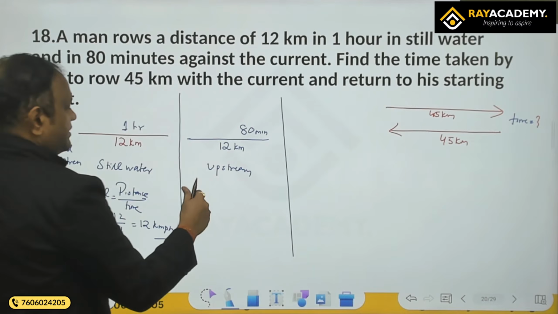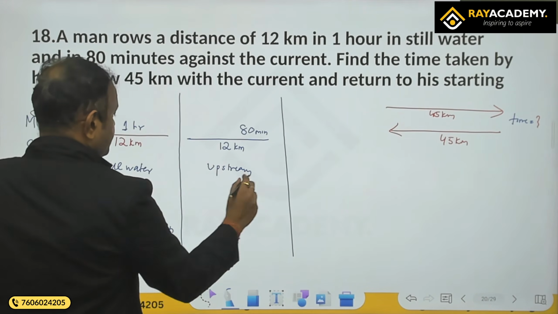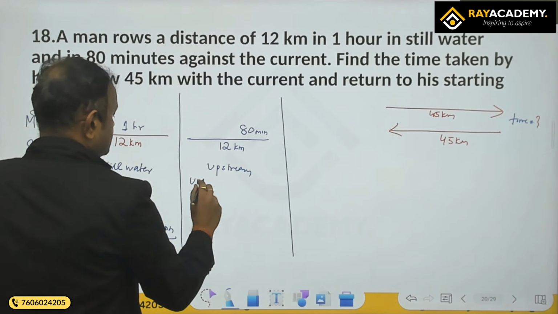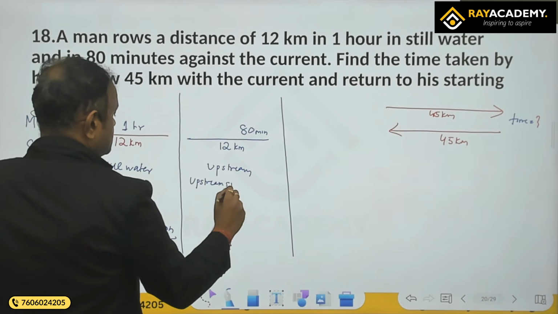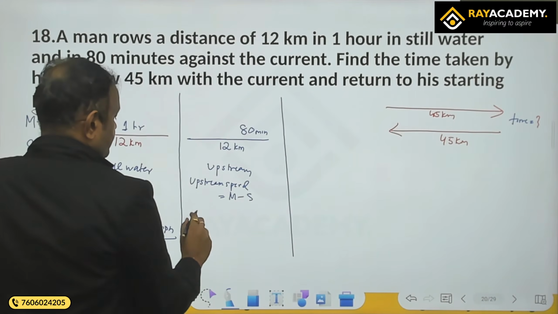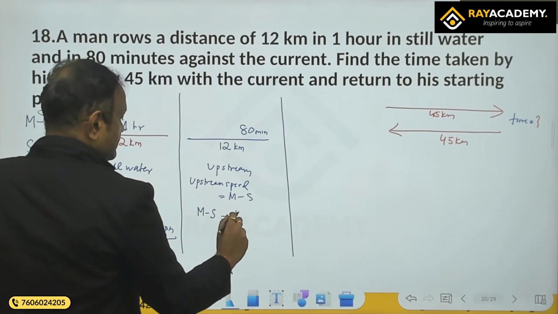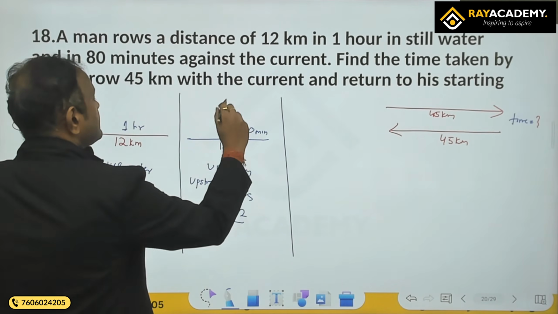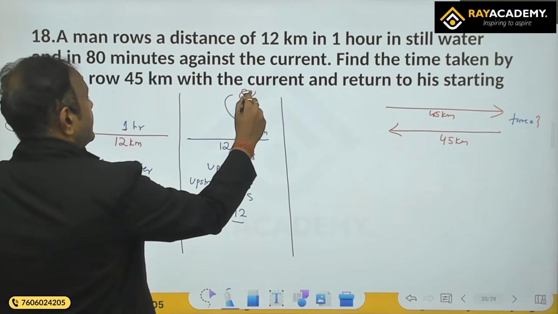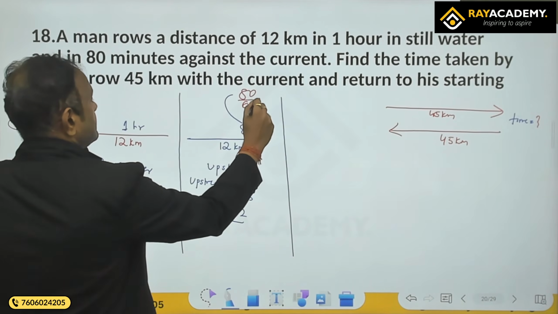Now come to the second scenario, upstream. Upstream speed will be m minus s. Again speed is distance by time, so m minus s equals 12 by 80 minutes, but 80 minutes you have to convert to hours. 80 by 60 hours.